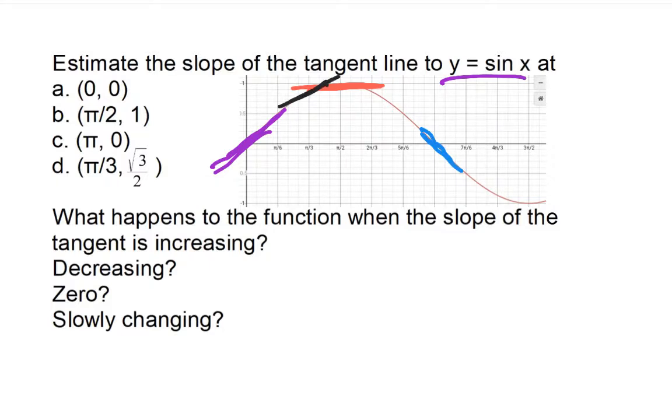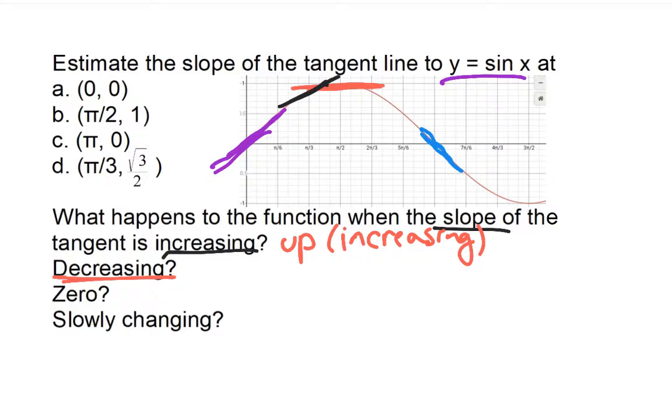So just thinking about that, what do you think happens to the function when the slope of the tangent is increasing? Well, it's going up. It's increasing. So when the slope is decreasing, what do you think happens?